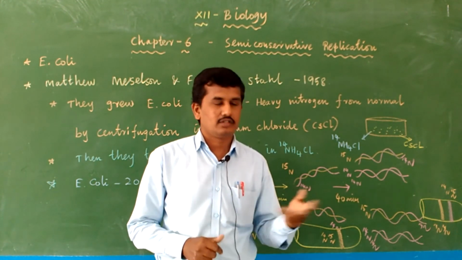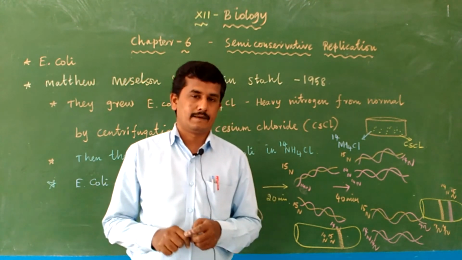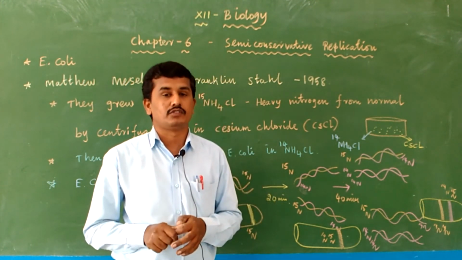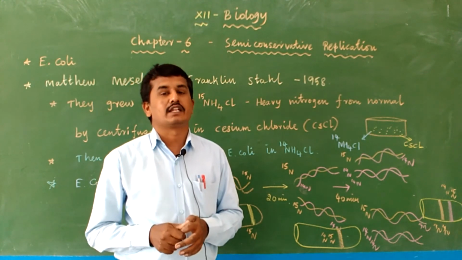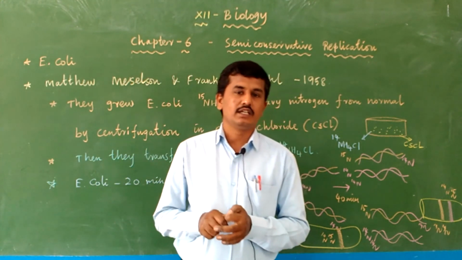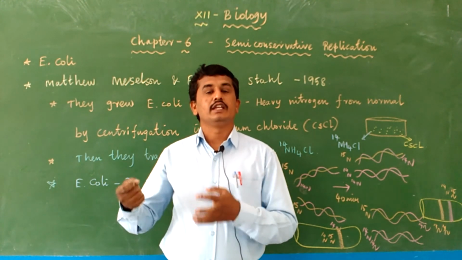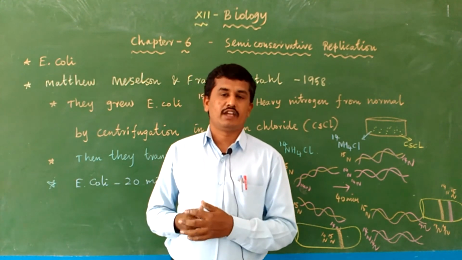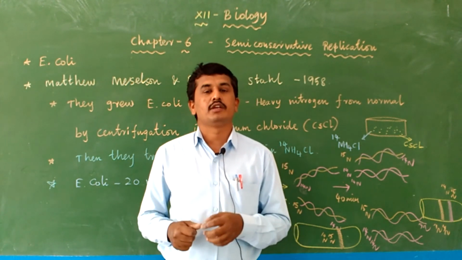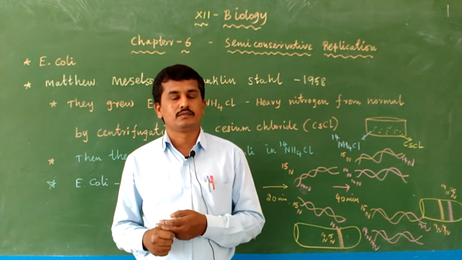Okay, another scientist, Taylor, worked on Vicia faba, faba beans. He explained the replication procedure in a eukaryotic cell, Vicia faba. Faba beans are Fabaceae, a leguminous plant, we know, beans.